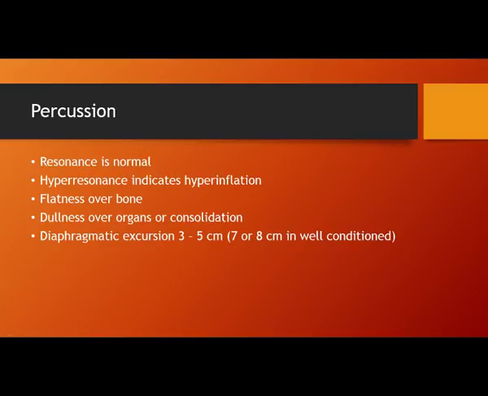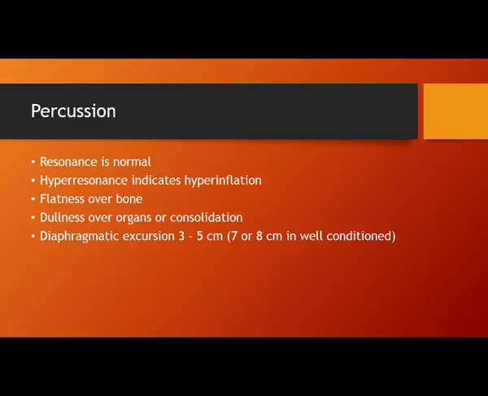We'll do percussion. So the normal sound that you hear when you percuss over lung is resonance, if you're percussing in the intercostal spaces. So you should hear resonance, that's normal.